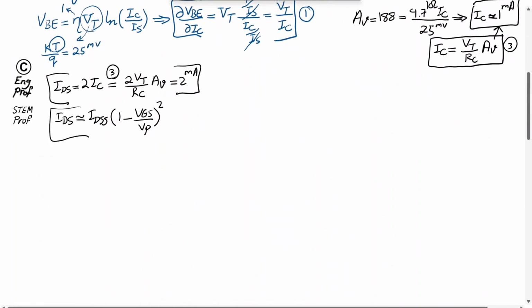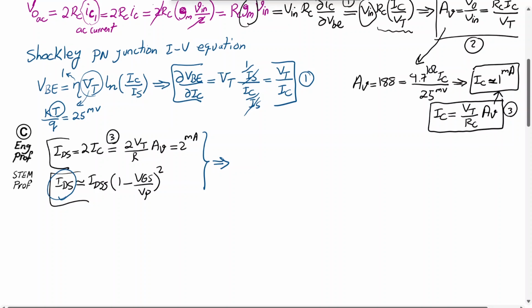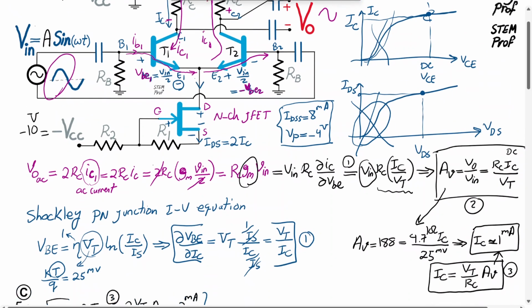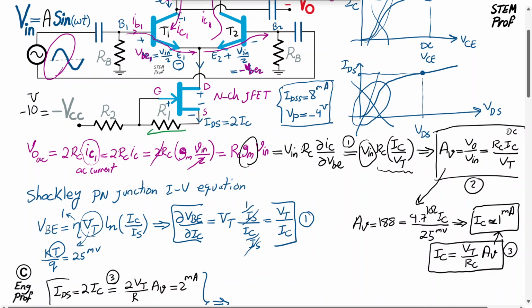So going back to the analysis, I can use these two values: given that I have Vp and IDSS because I selected the specific N-channel JFET, and I know IDS has to be equal to 2 milliamp, we can find the DC value for VGS, which defines the voltage across gate-source, which means the voltage across R1, and hence we can find R1. For R1, we know that there is a current of 2 milliamp.